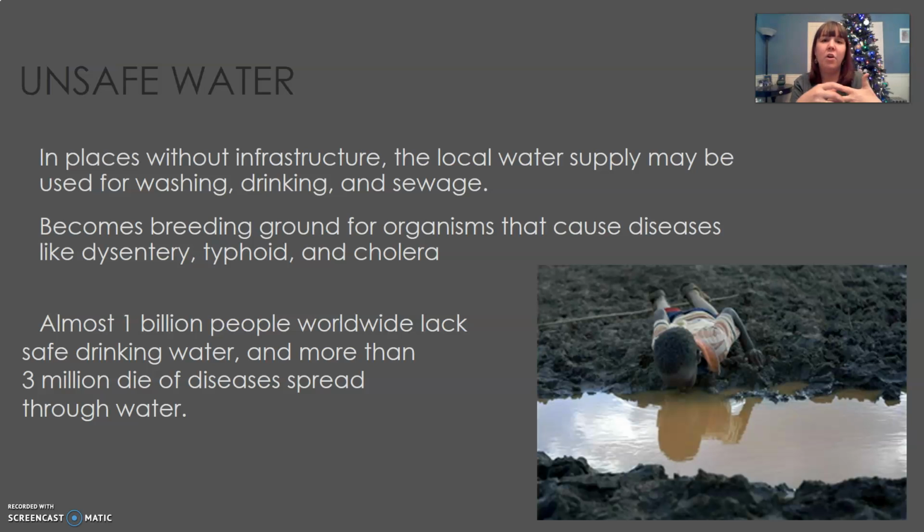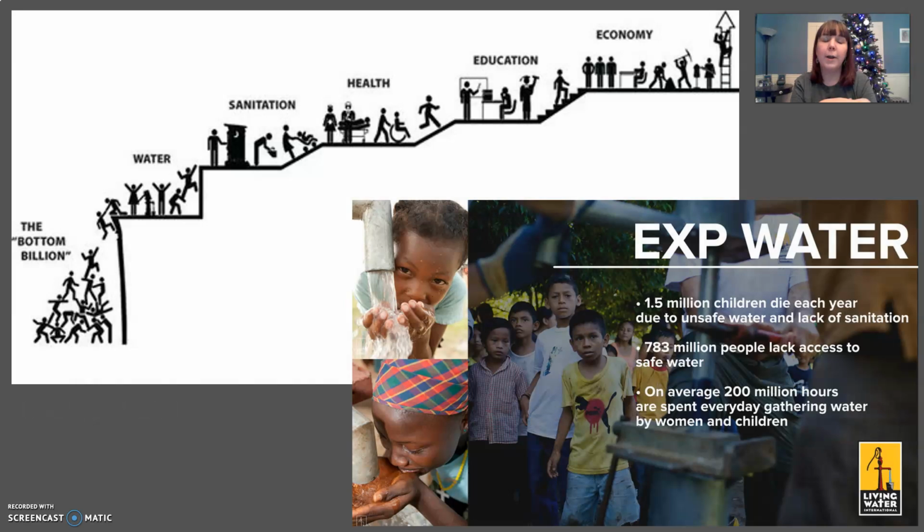These are diseases that cause digestive issues, diarrhea, vomiting, and eventually end up causing dehydration and then death. Almost 1 billion people worldwide lack access to clean water, which affects their health from the diseases and from dehydration. We lose about 3 million each year to diseases spread through water.